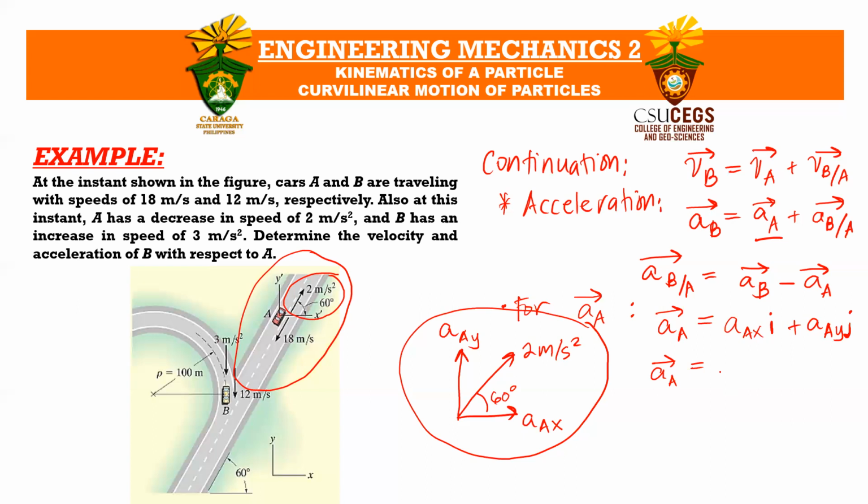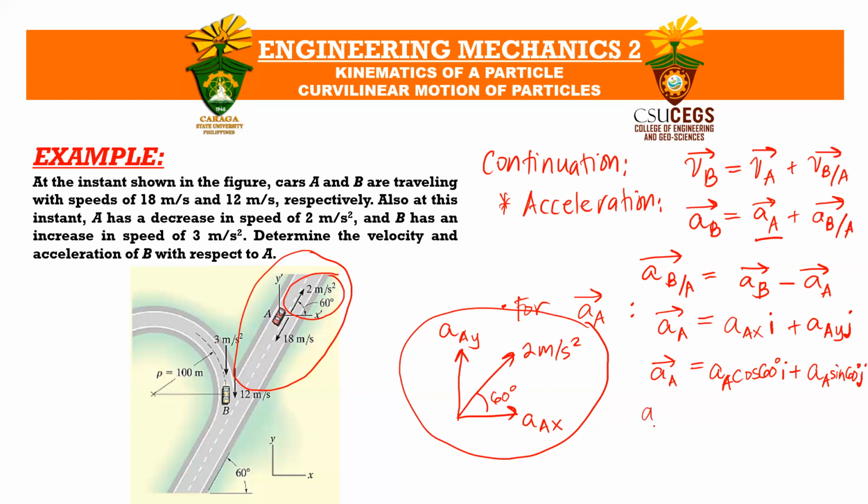So that would be a sub A cosine 60 degrees i. For the y component, we'll be using sine since the 60 degrees is opposite to your y component. So that would be a sub A sine 60 degrees j.